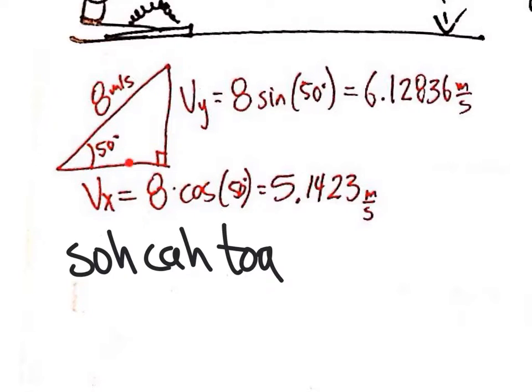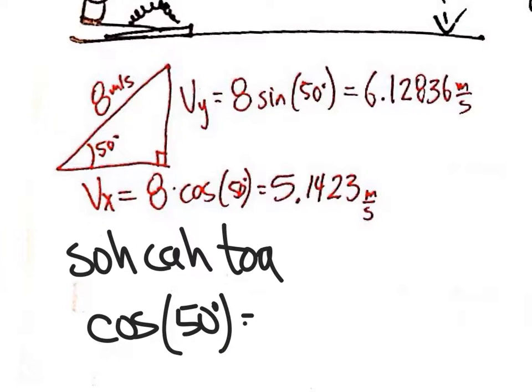So if we were solving for this side, which is horizontal velocity, labeled v sub x, I'll show this to you once. We would be using cosine, and we'd say that the cosine of the 50-degree angle is equal to the adjacent over the hypotenuse.